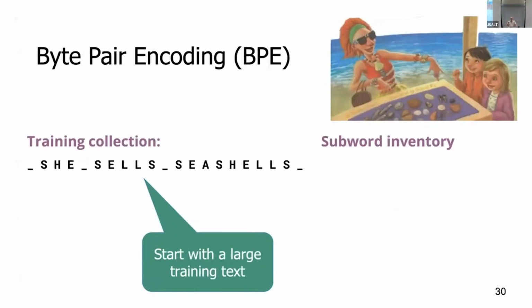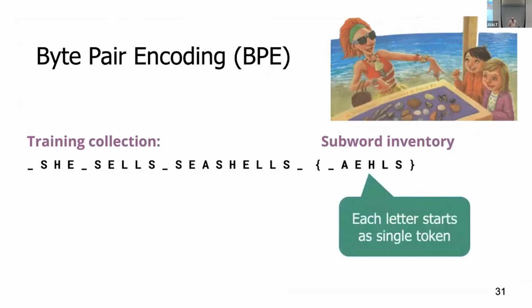So as I said, byte pair encoding is the technique that is used now, or the technique underlying what's used now. They put bells and whistles on it, but this is how we do byte pair encoding. You start with some big training collection, just some big wad of text. And then you take each character that's in that text and treat it as a single token.